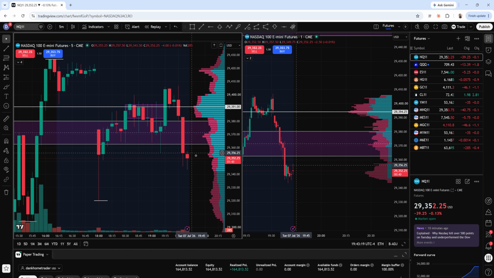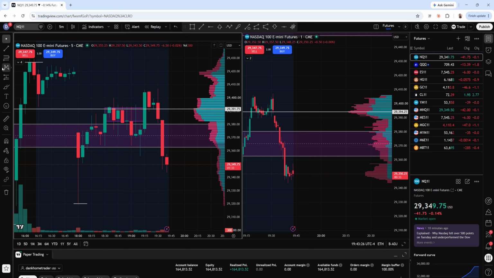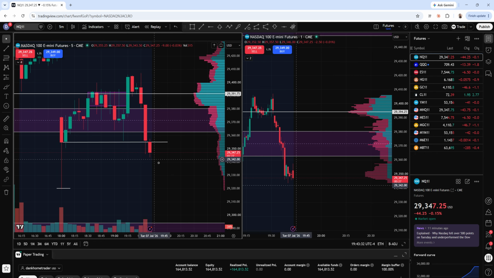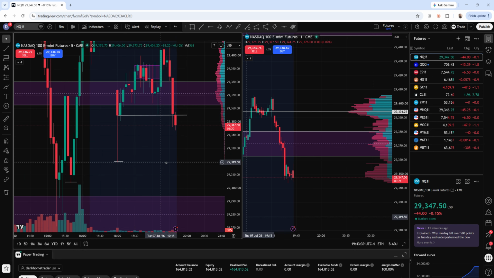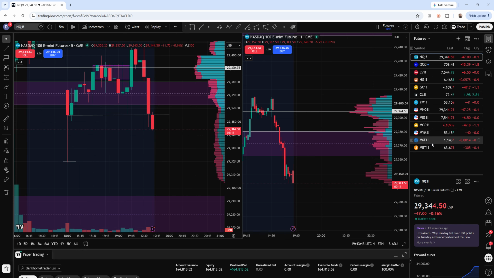So this push down here with maybe a retest of this body for a short could be one. If we see this push down and continue down, if we clear this level, or we clear this level, then maybe it's an idea to take a short position, right?